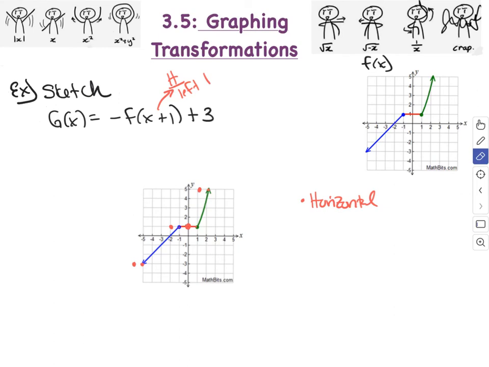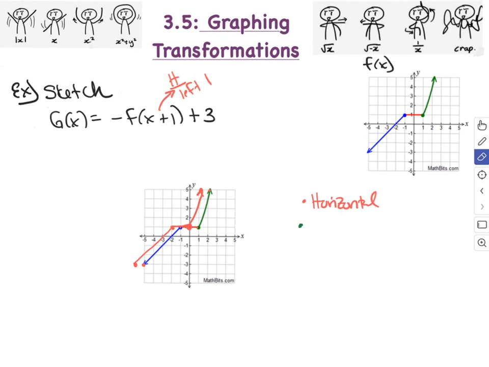And we're going to connect the dots with the parabola. Okay, next thing, we do any reflections. So the reflections would be the negative out front.